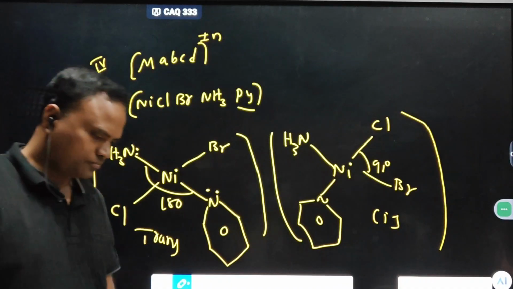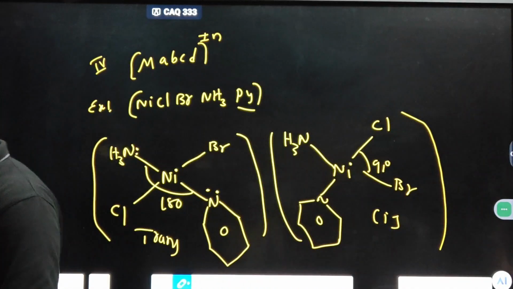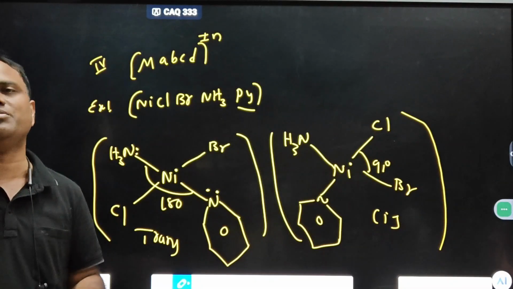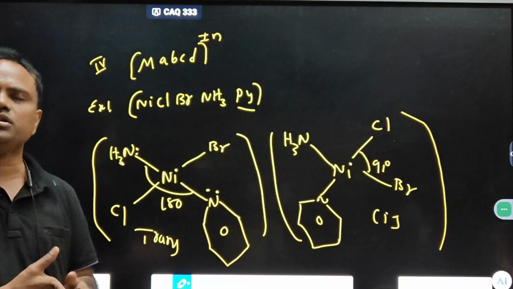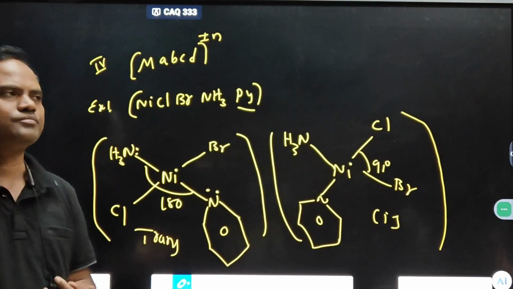Yes, optical isomerism also, that is the only condition. MABCD, because the plane of symmetry should not be present. In MABCD, the plane of symmetry is absent. That's right, MABCD will show optical isomerism.